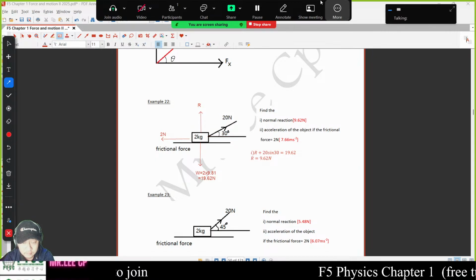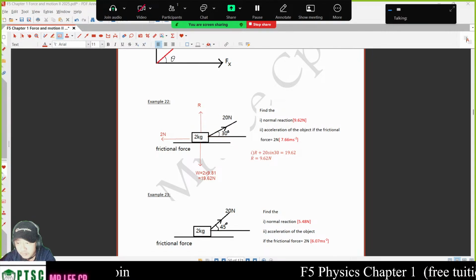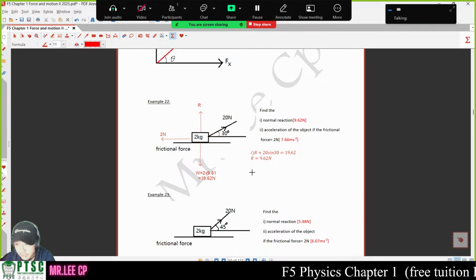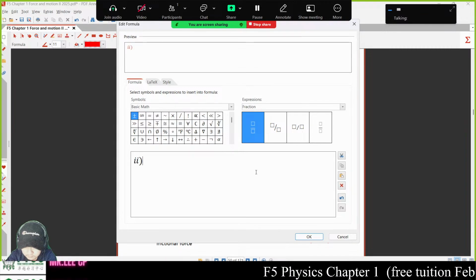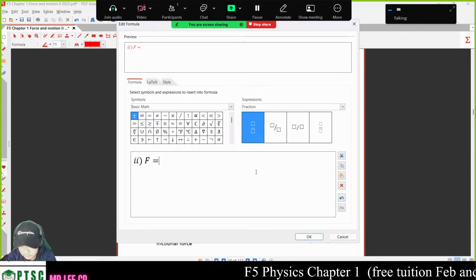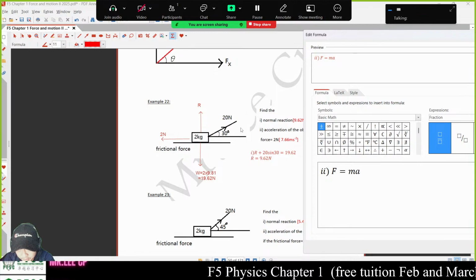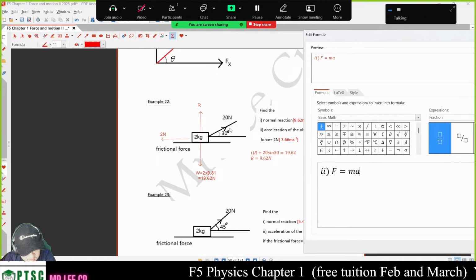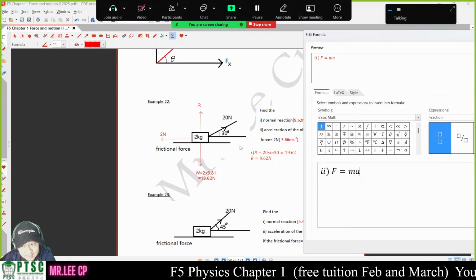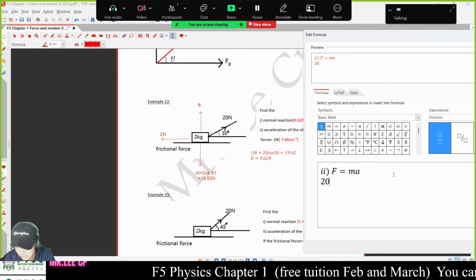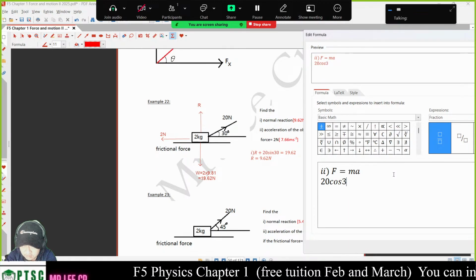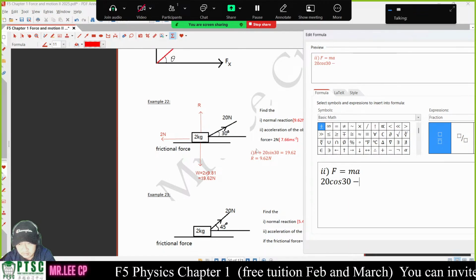So F is equal to ma. The resultant force, 20 brought to here, is 20 cos 30, minus the friction.